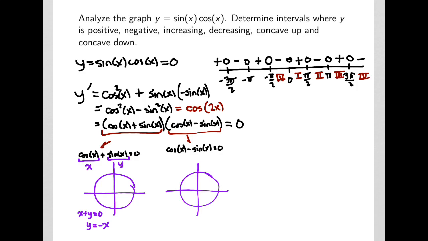So on my unit circle, if I were to draw the y equals negative x graph, y equals negative x, there are 2 points on the unit circle where the y-coordinate is exactly opposite the x-coordinate. And if I consider what that is, the x-coordinate and the y-coordinate being the same magnitude means I have an isosceles right triangle, which tells me I have to be at the 45-degree angle.